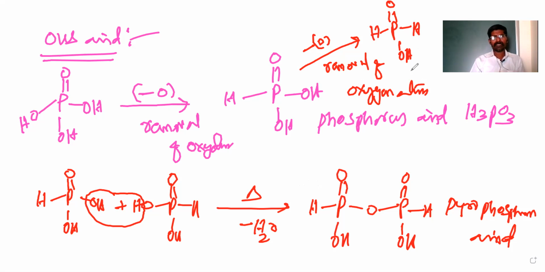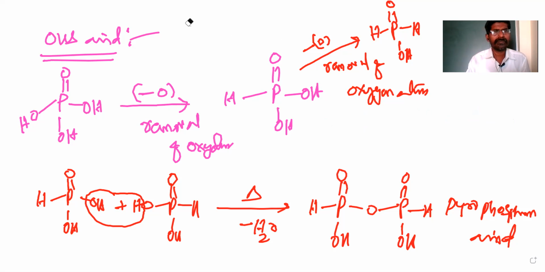I will write the name at this place. Actually there is no space to write the name, so I want to erase here. After removing the water molecule, I am writing the name here only.